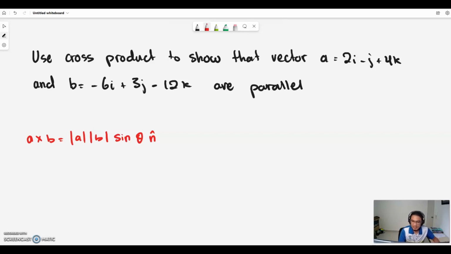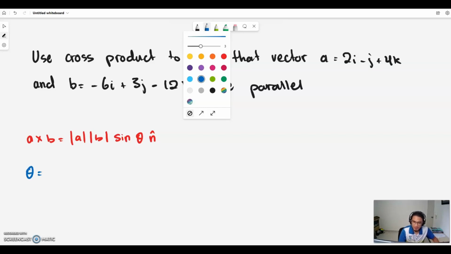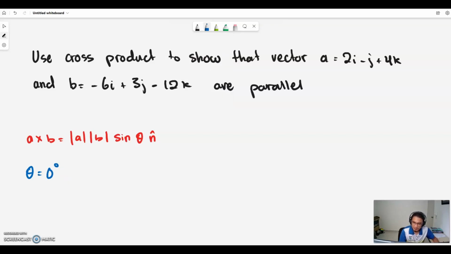If the two vectors are parallel, that means your theta, which is the angle between the vector A and B, is equal to 0 degrees. So then your sine theta is equal to sine 0 degrees, which is equal to 0. So for a parallel vector, there will be no cross product.